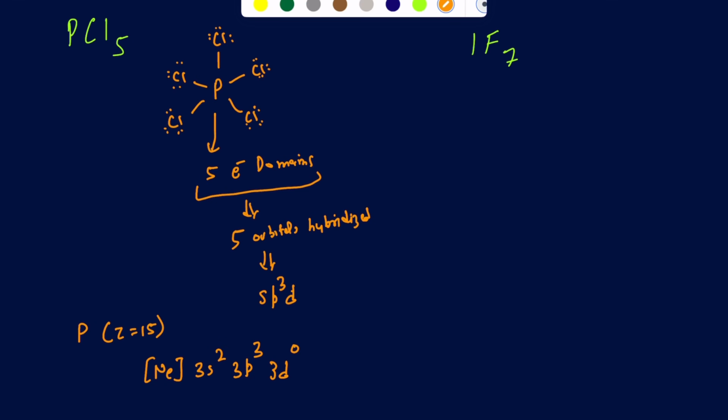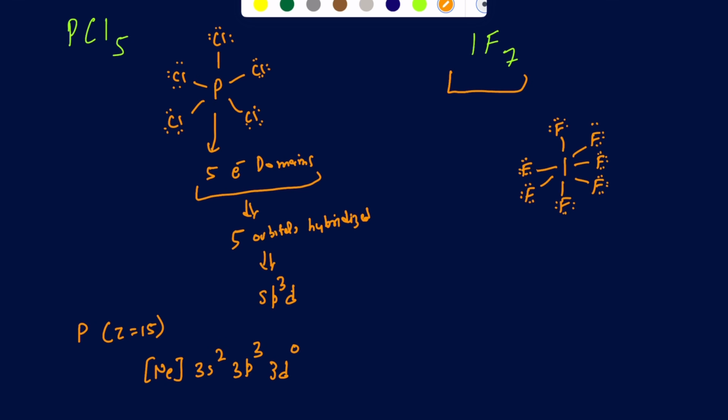In the case of IF7, if you draw the Lewis structure, I'll have iodine in the center, and I have 7 fluorines. So that's 6, and I have another one. Each of the fluorines would have an octet completed, so make sure you first draw its Lewis structure and understand it well.